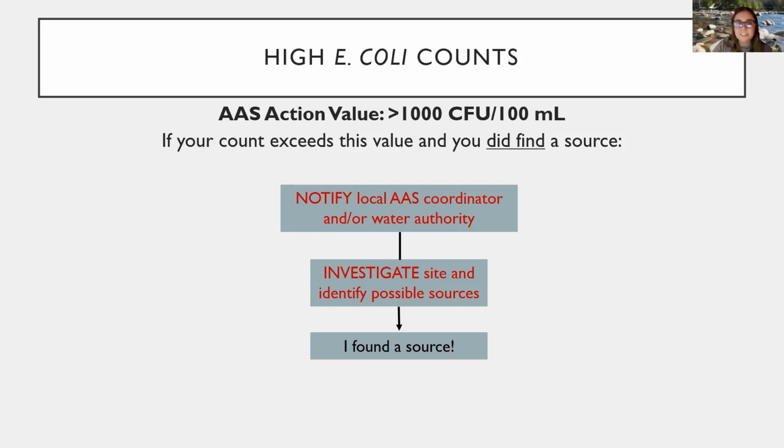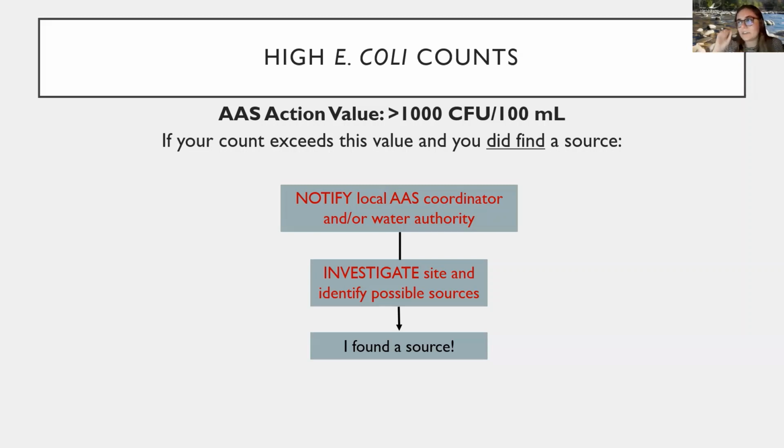But there is a level that we're calling the AdoptAStream action value. That previous value, we're thinking of over the term of a year or a longer period of time, where we think about that 10% and what it looks like in terms of that 410. But if you get a result above the AdoptAStream action value, which is above 1,000 CFUs per 100 milliliters, then you can immediately take action. We don't have to wait around or do any calculations.